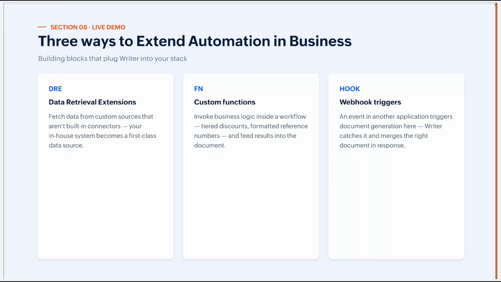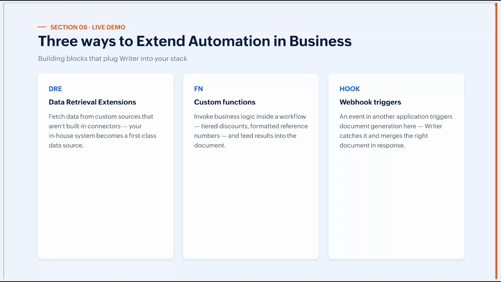Next, custom functions. Inside a workflow, you can invoke a custom function, a bit of business logic that does something specific, like attaching a signed document back into a particular CRM record. So this logic runs as part of the workflow itself. And finally, webhook triggers.